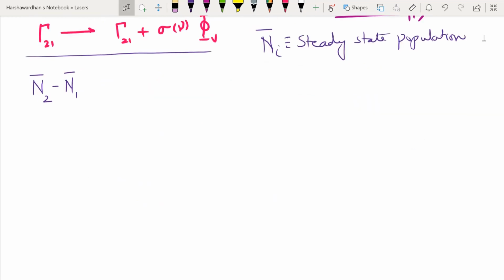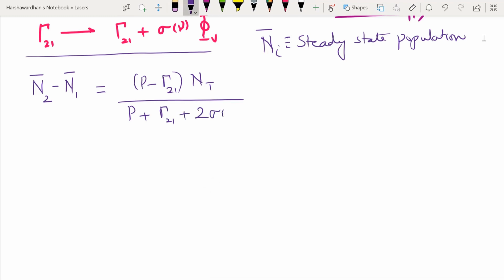So I get here the inversion N2 bar minus N1 bar in this three-level laser model comes out to be P minus gamma 21, you would recall this factor, times N total divided by P plus gamma 21 plus twice sigma nu times phi nu.